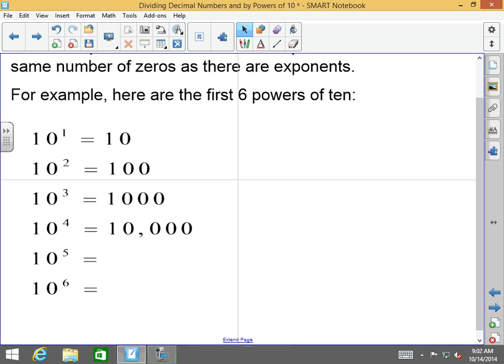So that's 10,000. 10 to the fifth would be a 1 with 5 zeros behind it, which is 100,000. 10 to the sixth power would be a 1 with 6 zeros behind it, which would be 1 million.